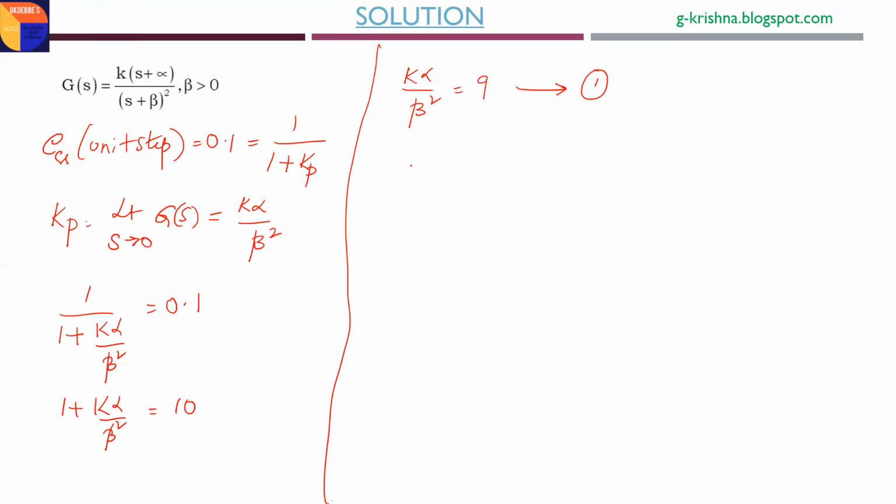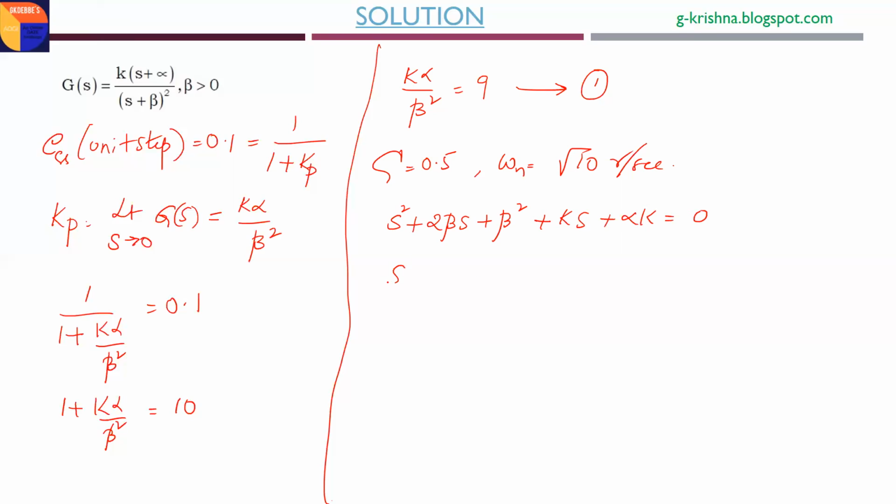Next, the other data given is damping ratio as 0.5 and undamped natural frequency as √10 radians per second. For that, we have to find the characteristic equation, which is s square plus 2 beta s plus beta square plus Ks plus alpha K equal to 0. If you simplify it, you'll get it like this.